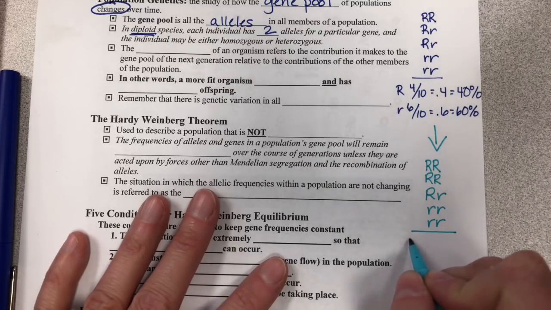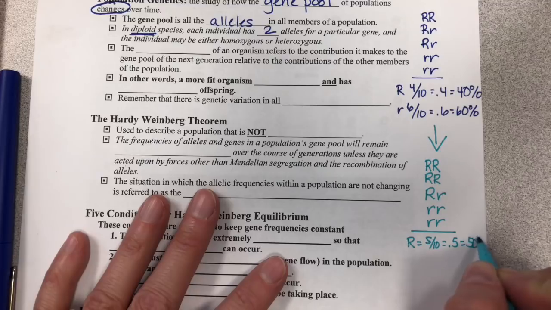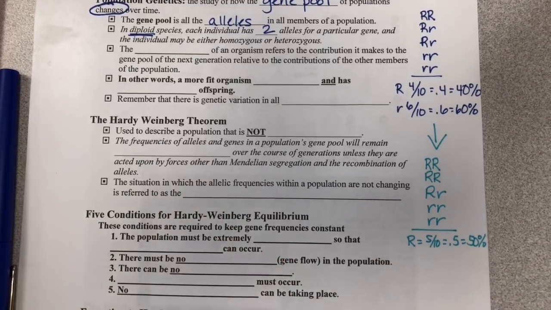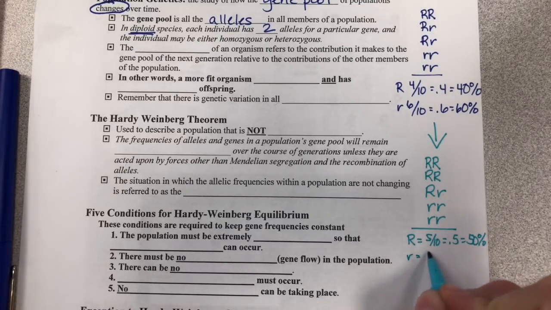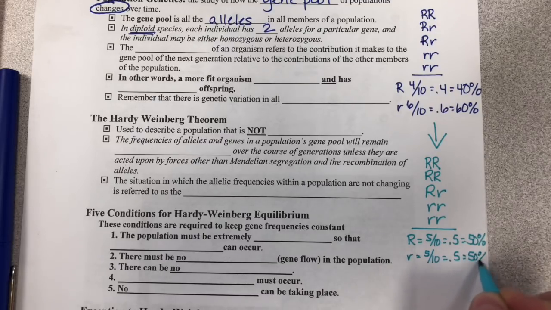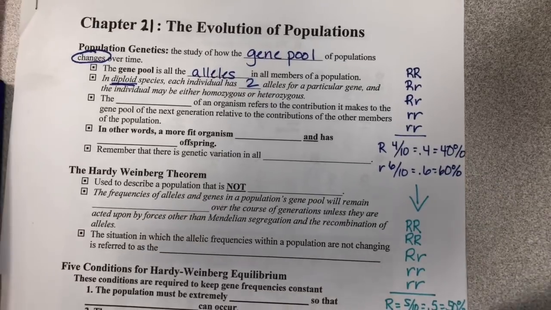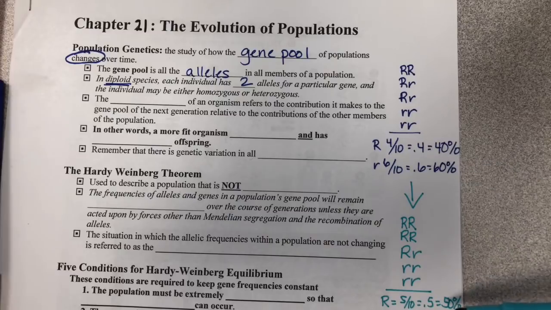If you stopped it, you should get that the big R is 1, 2, 3, 4, 5 out of 10, or 0.5, or now 50% of the alleles. And the little r would be 1, 2, 3, 4, 5 out of 10, 0.5 is 50%. So we can see that the little r has gone down and the big R has gone up from 40 to 50.